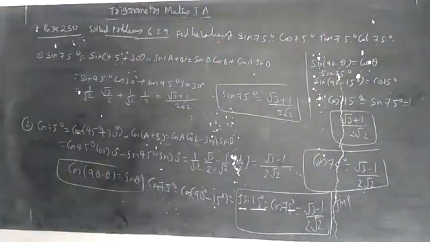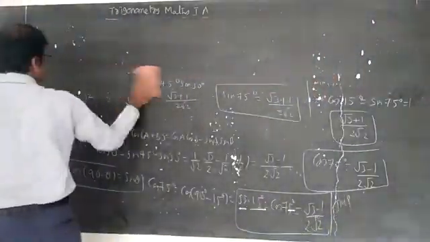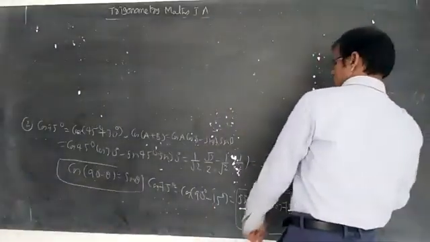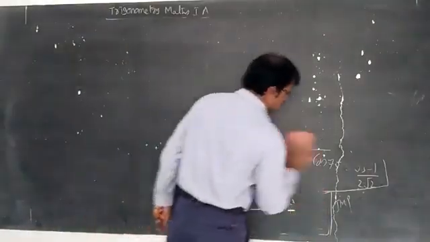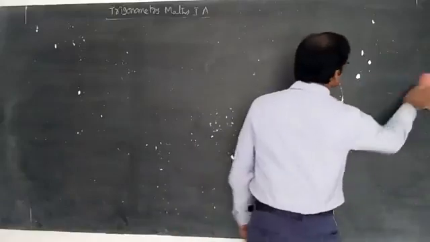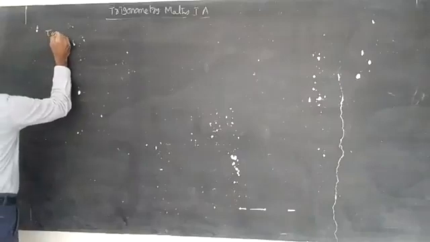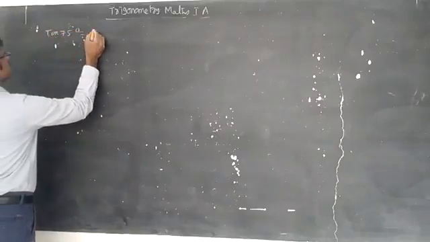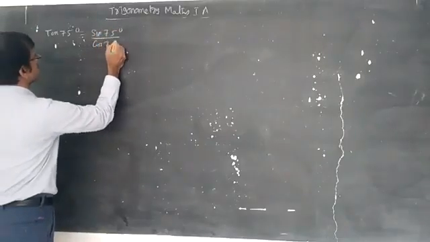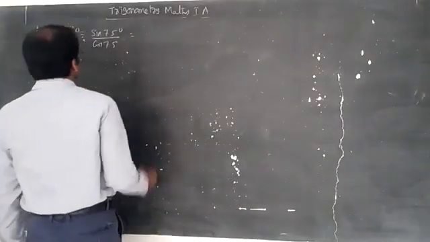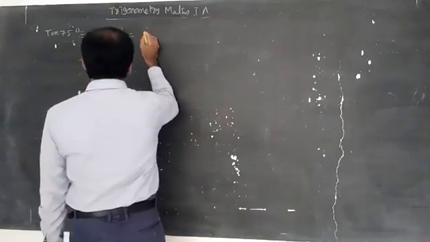Now let us discuss tan 75 and cot 75. Tan 75 gives sin 75 by cos 75. Students, sin 75 is nothing but cos 15.